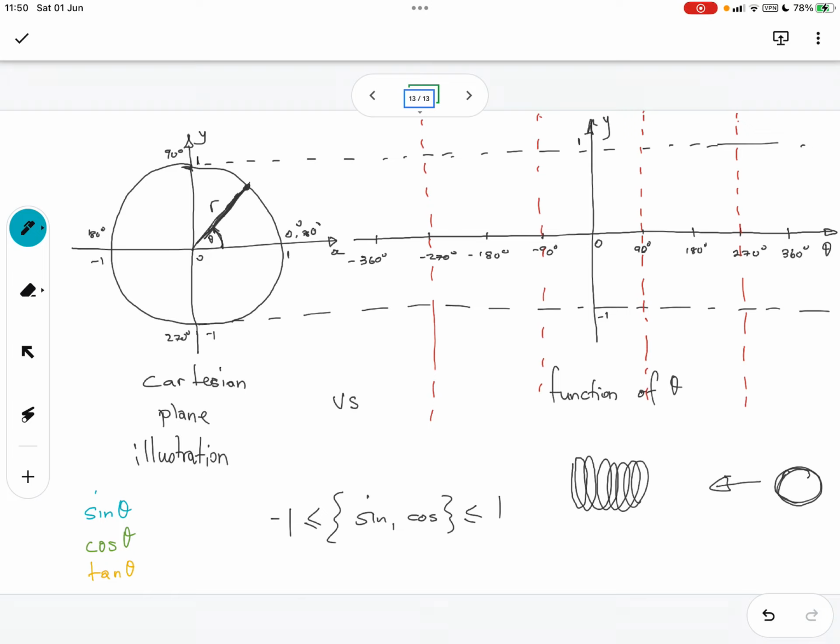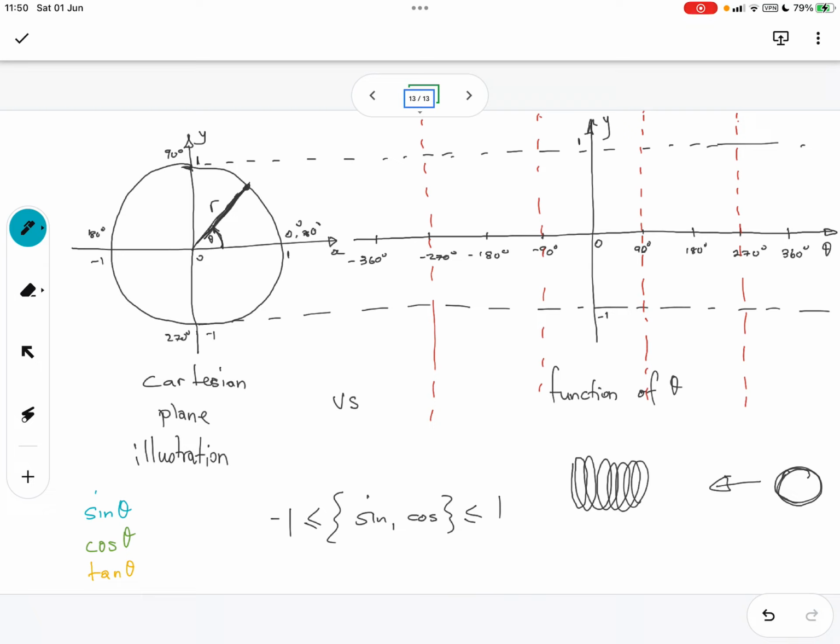Starting with sine, when we are at 0 degrees, sine depends on y, remember? Because sine theta is y over r. So if y is 0, what's the value of sine at 0 degrees?